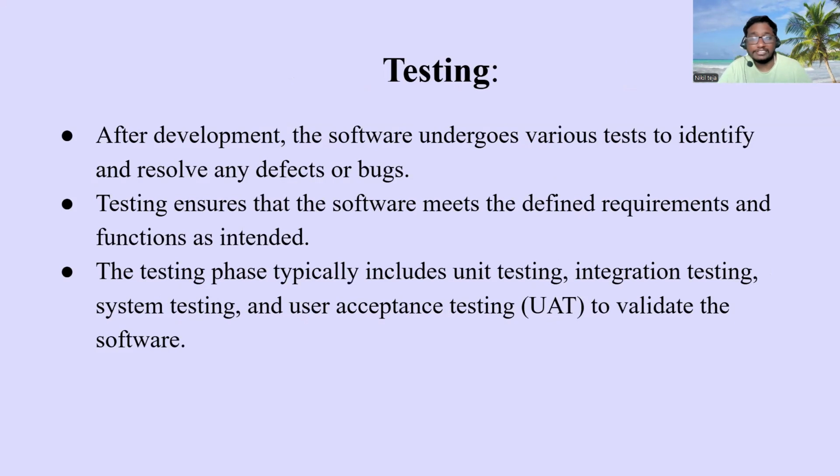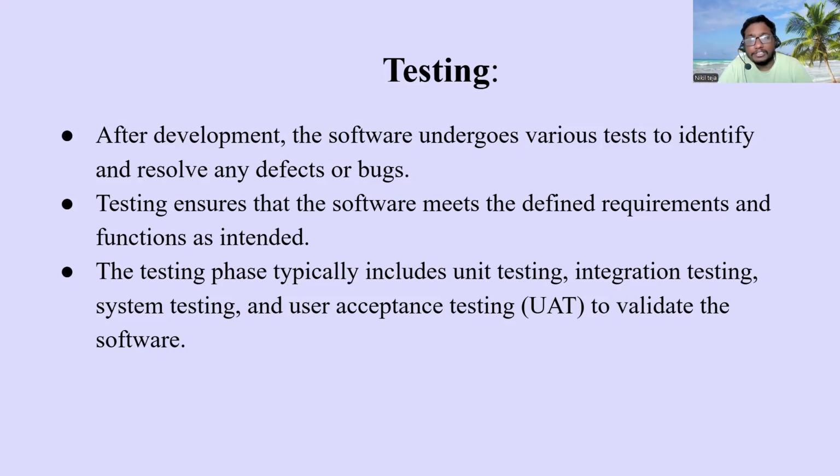Next is testing. Once your product is designed and developed, you have to test. You cannot directly release it to the general public, or to real world users. You have to test first. And for this testing, there is a particular set of resources called testers.